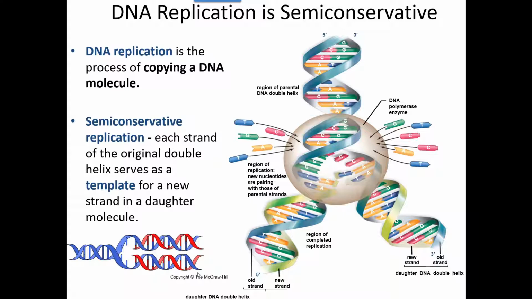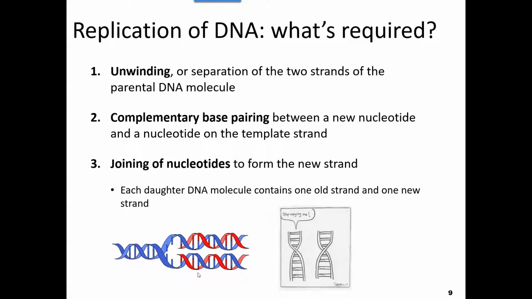Now, what's required to make DNA? Well, first we have to unwind those two strands of DNA. Luckily, as I said before, they're held together by pretty weak hydrogen bonds, so it's not too hard to unwind them. We also have to have complementary base pairing. If there was a T on the original strand, you would have to bring in an A, because A's and T's pair together.